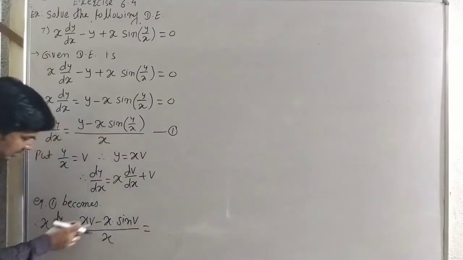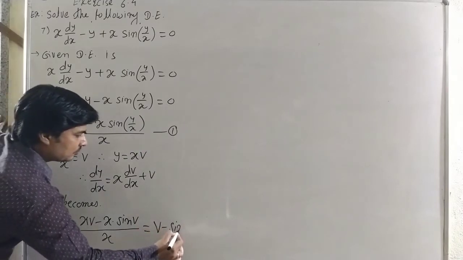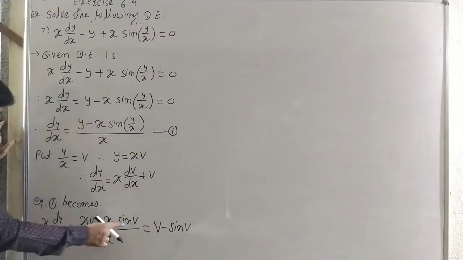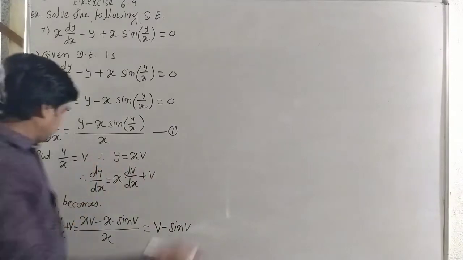Then we take x common and x gets cancelled: it is v minus sin v. And the left side is x into dv by dx plus v. Now this plus v we can write on the RHS as minus.